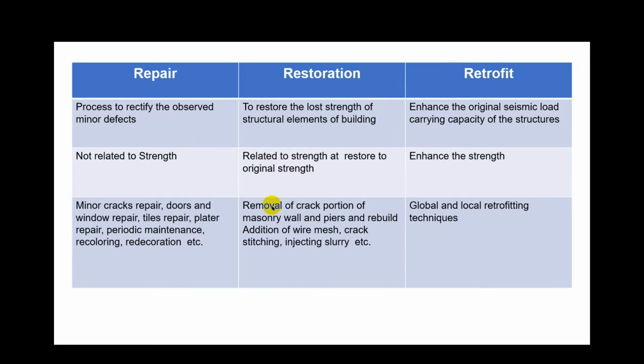The lost strength of the building can be restored by the removal of cracked portions of masonry walls and piers and rebuilding them, addition of chicken wire mesh in the place of cracks or in the walls, and crack stitching in the junction or in the connection or in the lintel and sill level of doors and windows, injecting chemical slurry to the structural elements such as beams, columns, where there are some voids seen in the structure. It also applies in the slab also. So it is related to the strength.